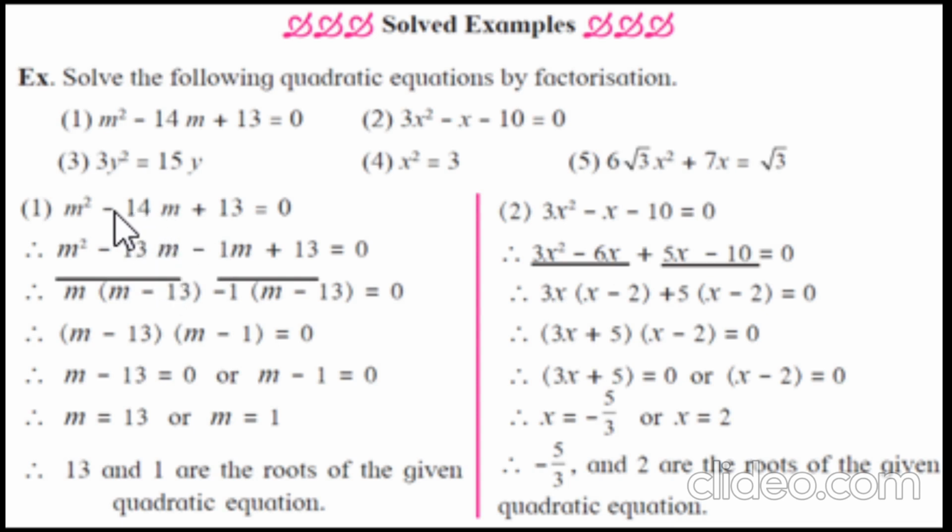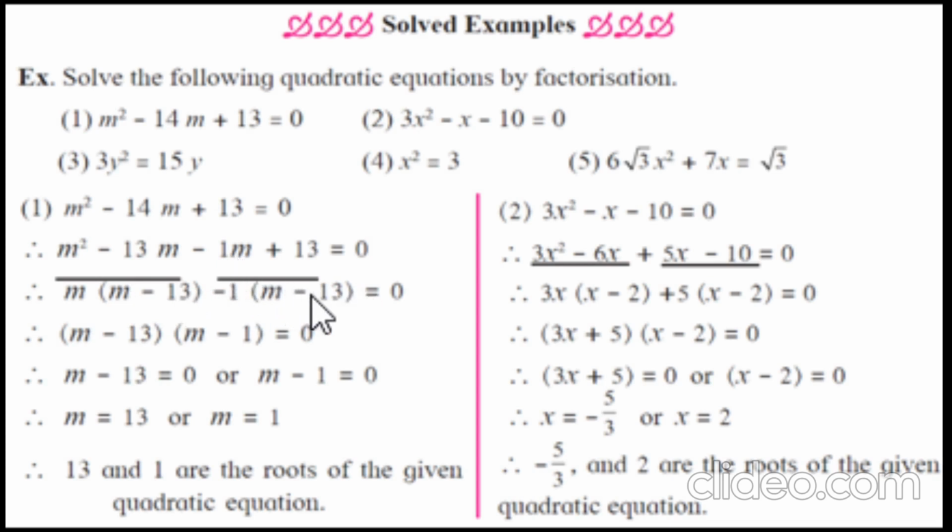So in place of the middle term, instead of minus 14m we have written minus 13m minus 1m. Now m square minus 13m, m is common, we take it outside. So m in a bracket, m minus 13 remains. Here common is minus 1, therefore in the bracket m minus 13 remains.